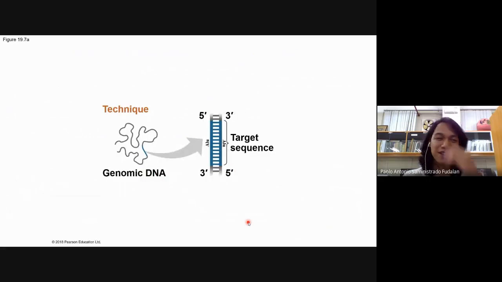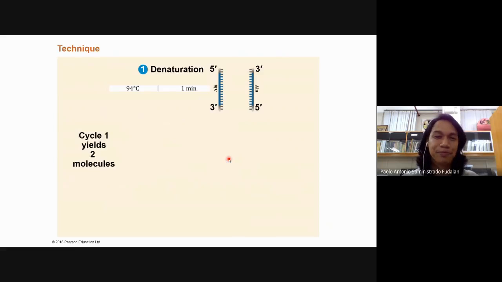Let's look at that in detail. This is the DNA, for example, that we have isolated, and we are only going to target this blue colored gene. This is the ALU gene in chromosome 16. How do we do that? First step is denaturation at 94 degrees Celsius.